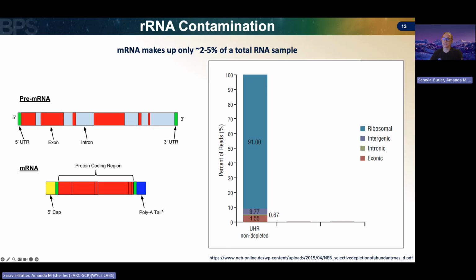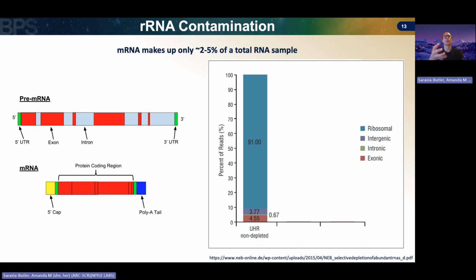We can design synthetic sequences that are polythymines, so poly-dTs, attached to a magnetic bead, and then introduce that into our samples so that these poly-A tails will hybridize to that poly-dT that we added. And because we latched that onto a little magnetic bead, we can use a magnet to then pull out our messenger RNA from our sample and then only carry that messenger RNA into the subsequent library preparation steps.